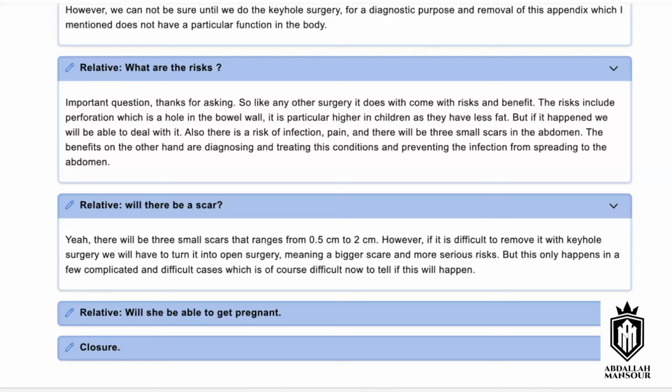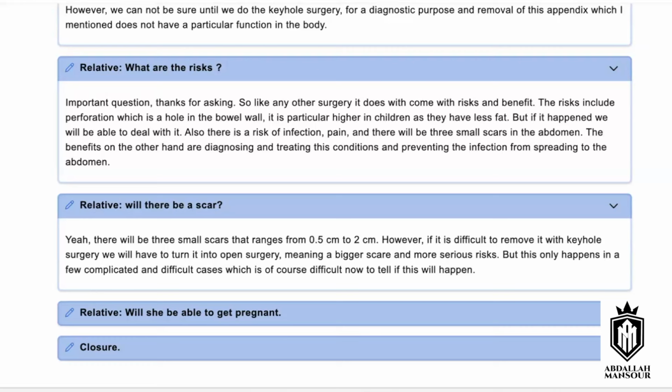Okay, that's fine. Will she be able to get pregnant again? Well, at this point in time, I would not be able to say no. You asked if she will be able to get pregnant? Yes. Okay. Well, during the operation, there may be a risk of damage to the ovaries and the fallopian tubes.